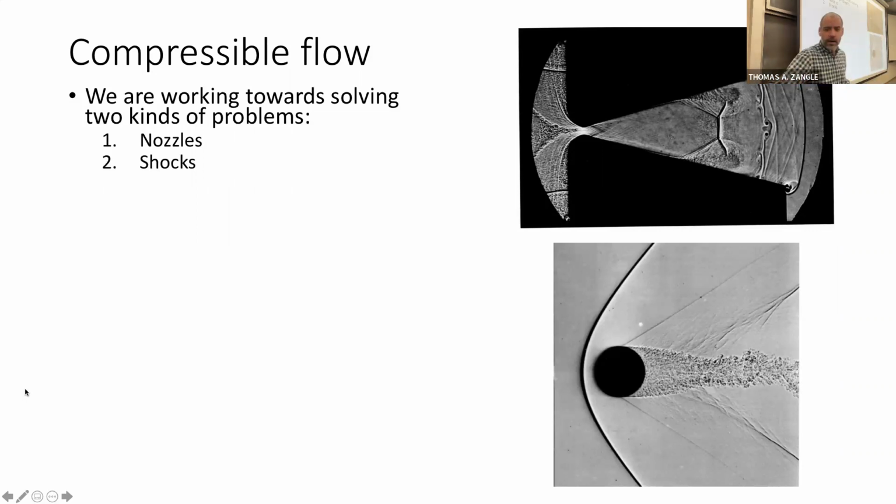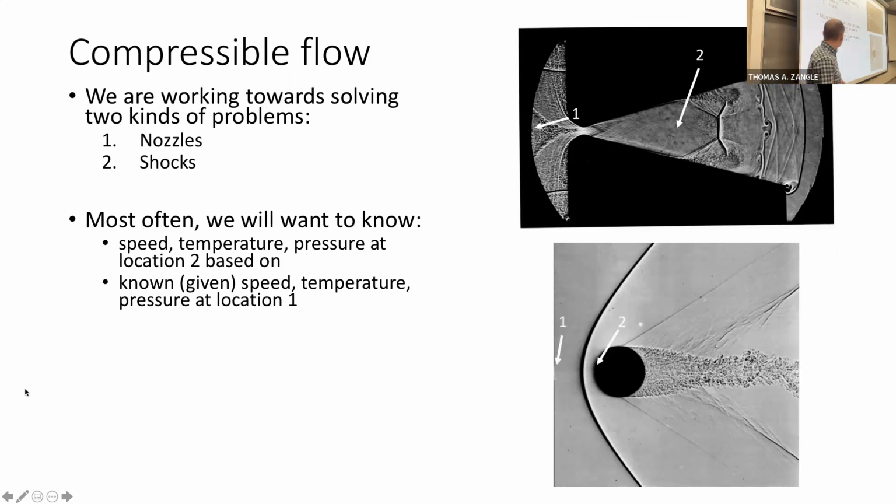The basic idea of what we're trying to do here is figure out, for example, if we have a nozzle, or this would be like internal flow, a compressible internal flow problem. We'll often want to know the values of the velocity, the temperature, the pressure at location 2, based on conditions maybe far upstream or conditions at some other point within this system.